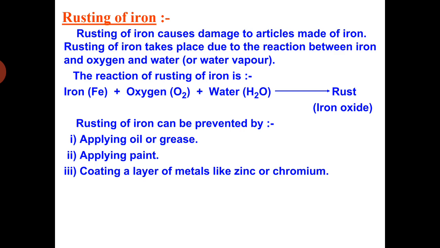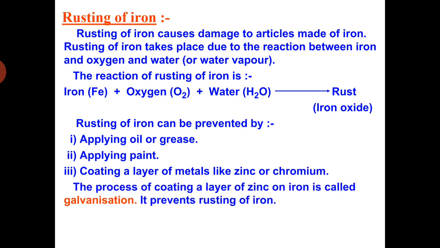The simple way we do it in our home to protect iron is by painting or greasing. These coats should be applied regularly to prevent rusting. The process of coating a layer of zinc or chromium on iron is called galvanization.